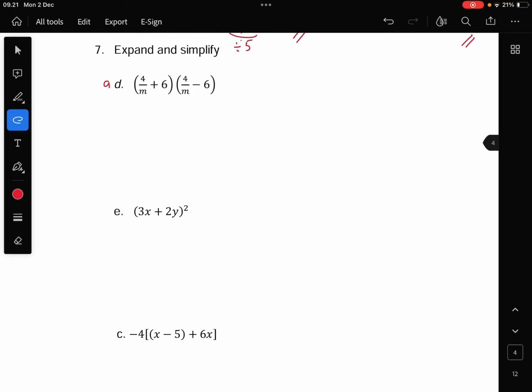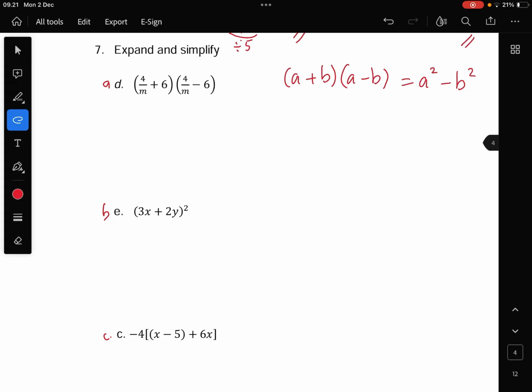Okay, now let's move on to 7a. It's supposed to be a, b, c here. Okay, 7a, actually, we need to expand and simplify. If you still remember a plus b and a minus b, it is going to be a squared minus b squared.